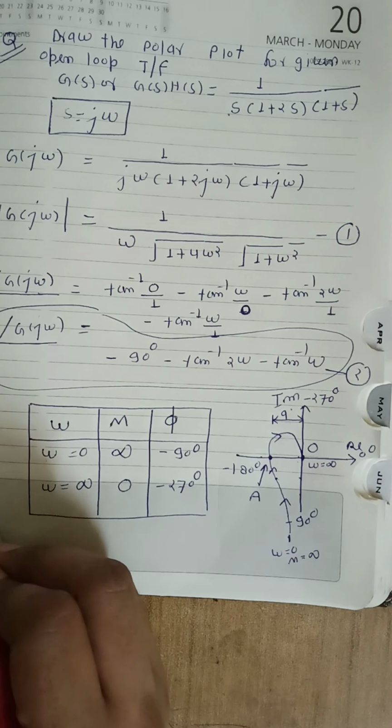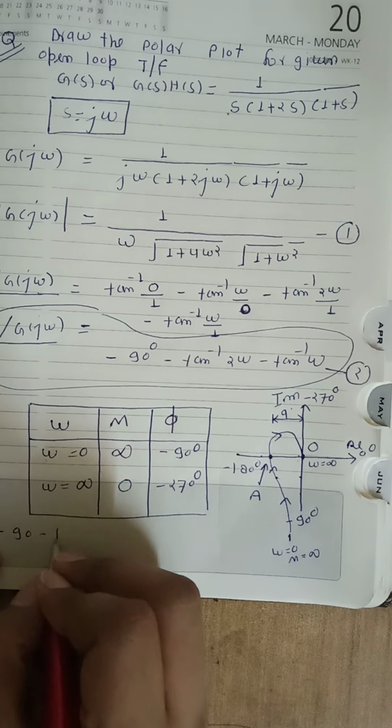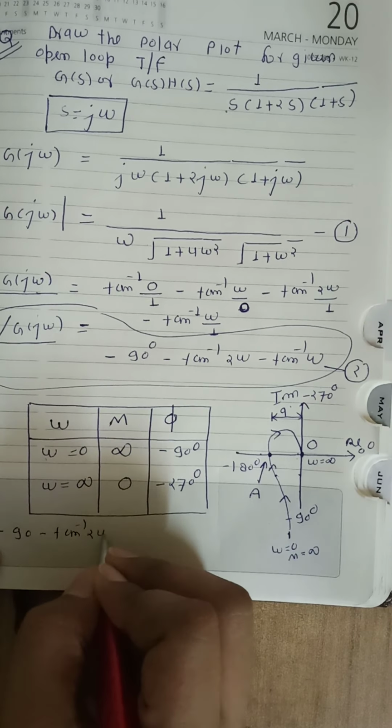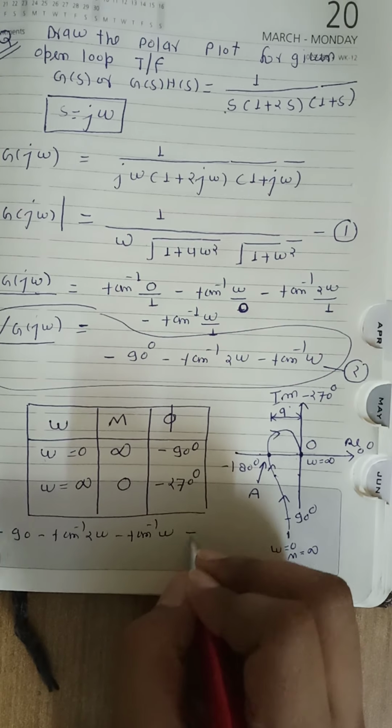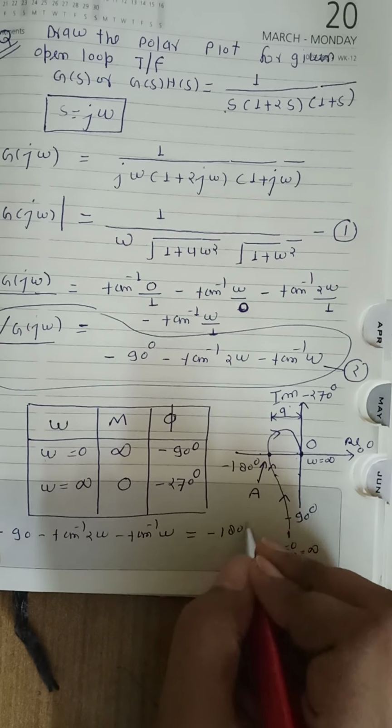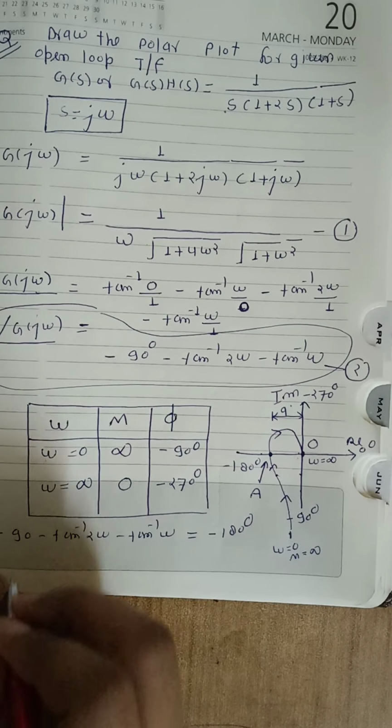From the second equation, we have phase angle minus 90 degree minus tan inverse 2 omega minus tan inverse omega. This is equal to minus 180 degree. Let us simplify.